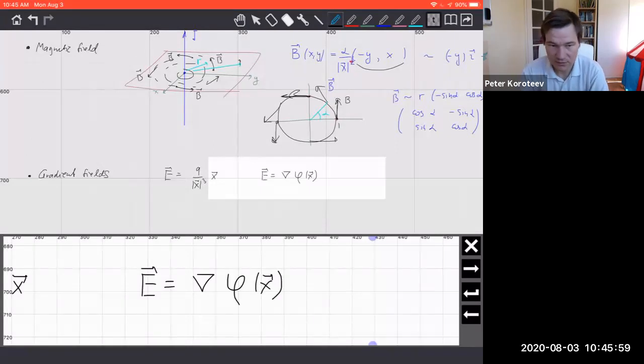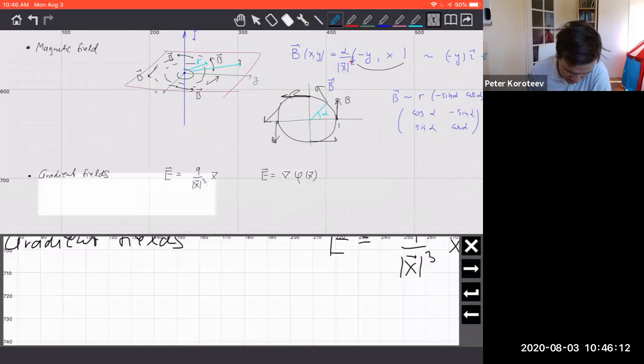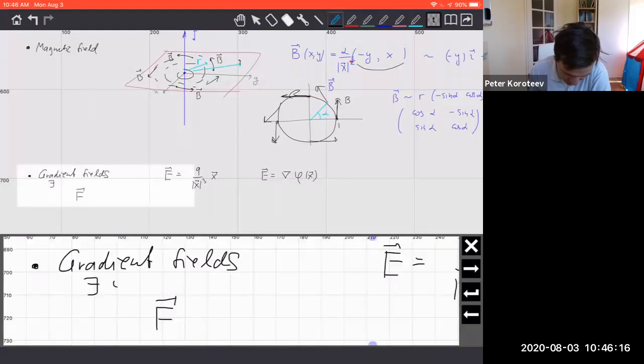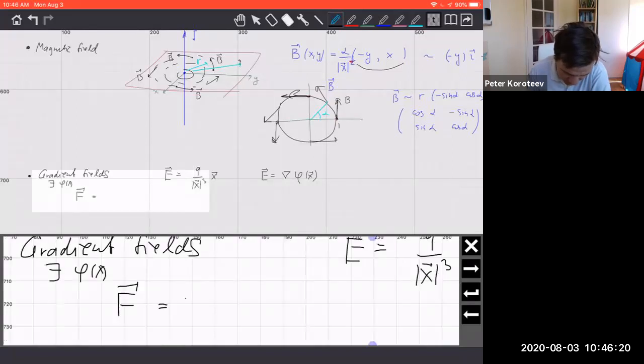Can you tell us what this function is? A gradient vector field is a field such that there exists a smooth differentiable function phi such that the field is equal to the gradient of that function.